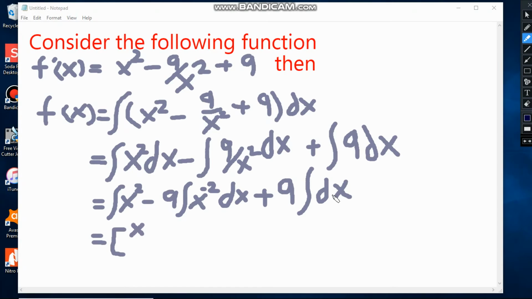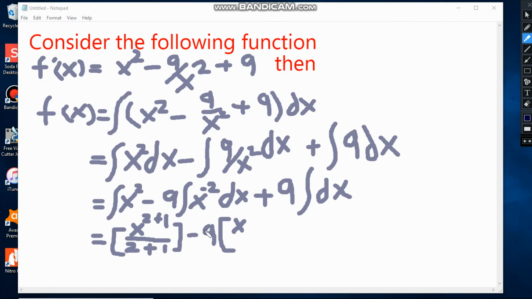So as usual, from the general formula, we add 1 to this power. Oh, I forgot to place the derivative of x here. Sorry, but no problem. And when we integrate this one, we add 1 and we divide this variable by the result obtained after adding 1, and that is what we get.